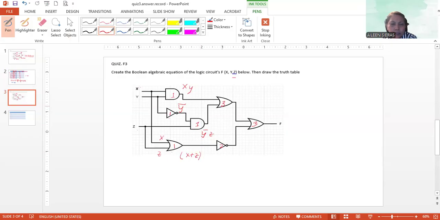So in this second OR gate here, first input is XY. Then the other input here is Y bar Z. So since this one is OR gate, so the process is addition. So XY plus Y bar Z.